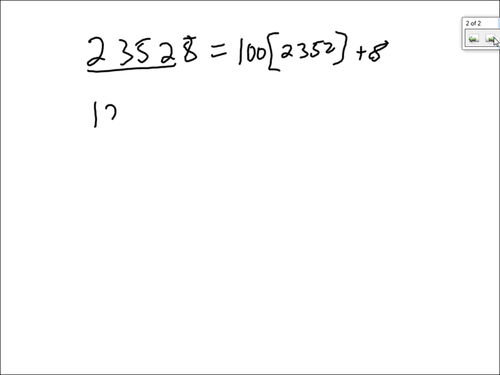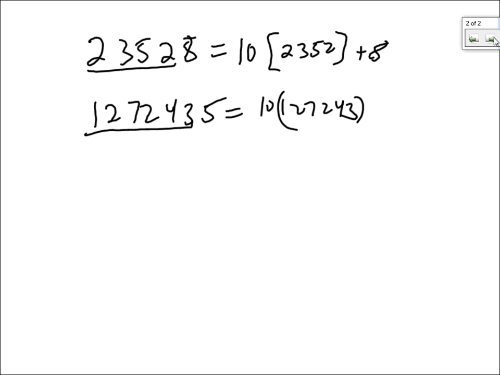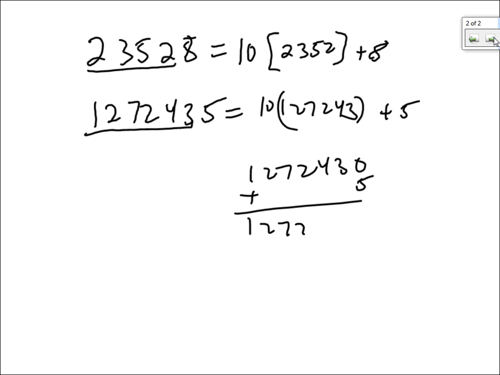Take 127243: if you multiply 12724 by 10, you'll get 127240, and then you add the 3 and you get the number you started with.